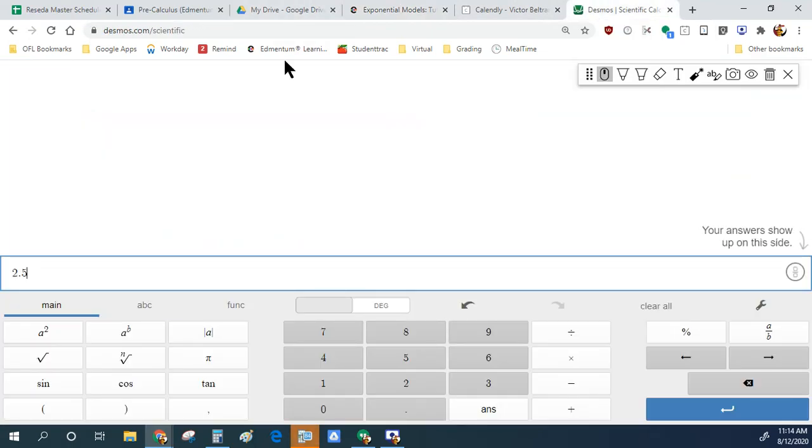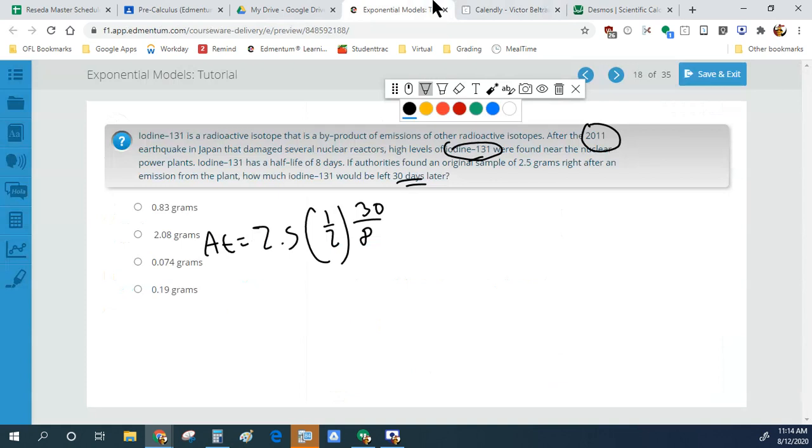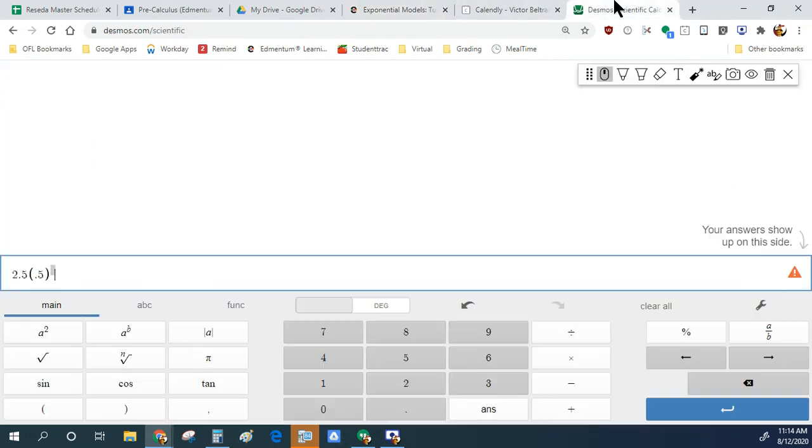So 2.5, parentheses. You can put 1/2, but I'm going to put 0.5 because 1/2 is the same thing as 0.5. And then we're going to raise this to the power of 30 divided by 8. Oh, this is why I don't like the Desmos one.